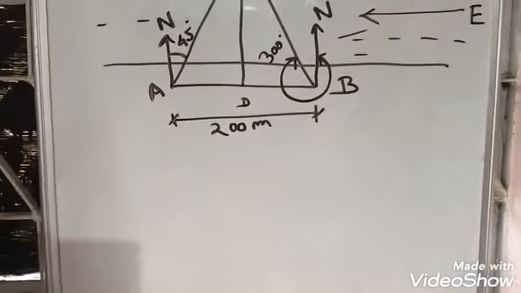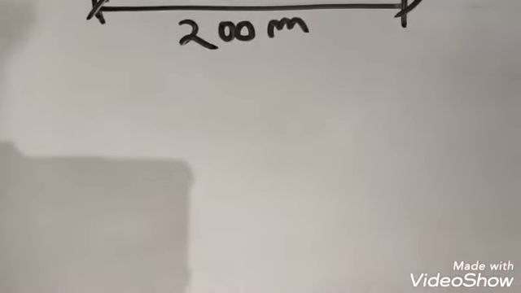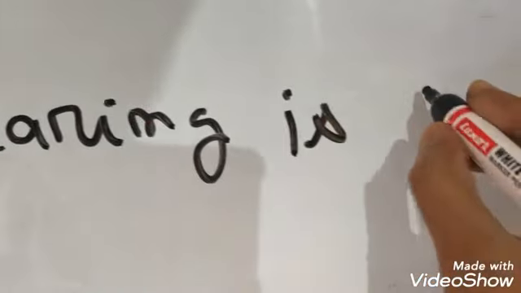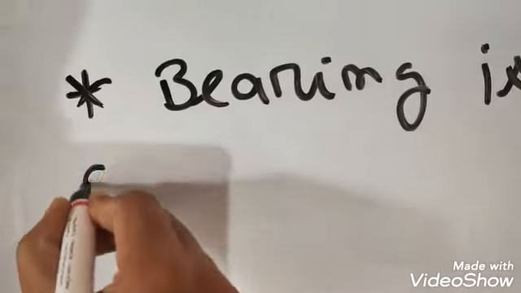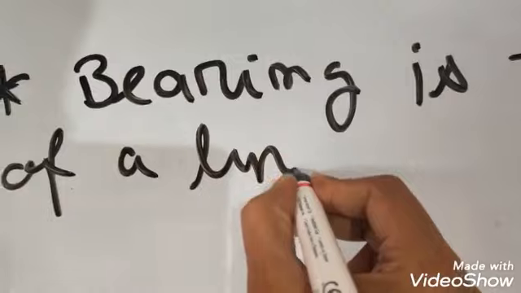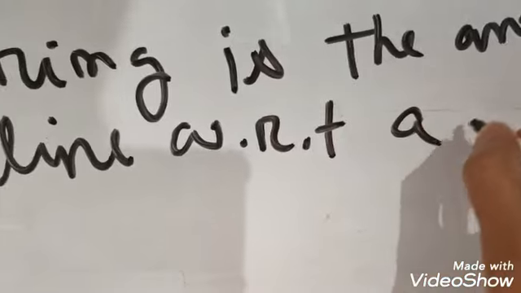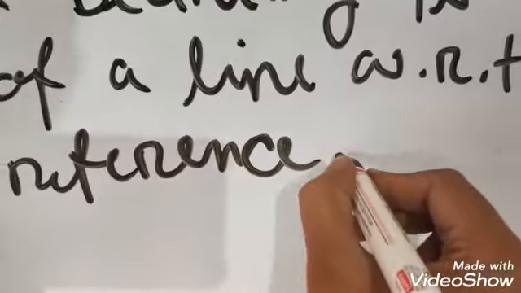Now the question is, what is a bearing? You will be familiar with the term bearing in our compass surveying part, but for now you just need to know that bearing is the angle of a line with respect to a reference line.